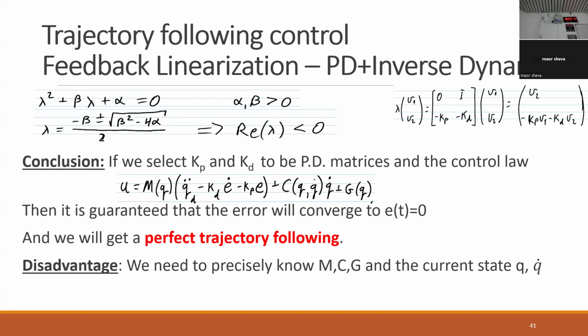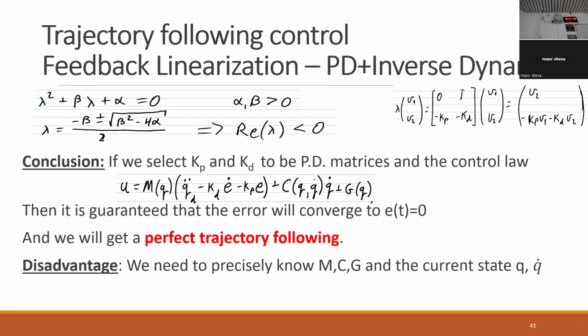And if this term is smaller than beta square, the square root of it will be smaller than beta. So when I have minus beta plus something here, which is positive but smaller than beta, the real part will still be negative.